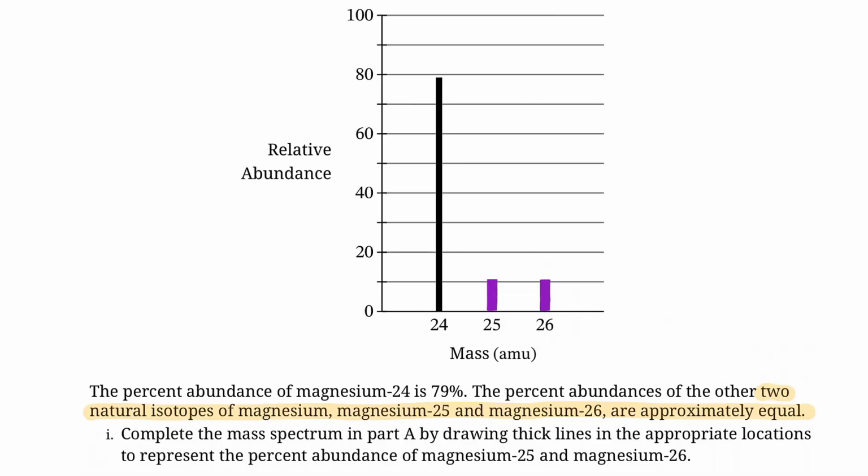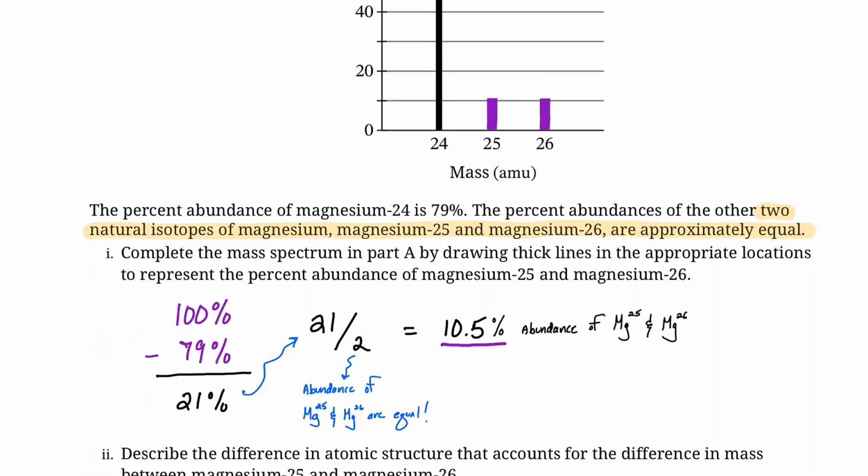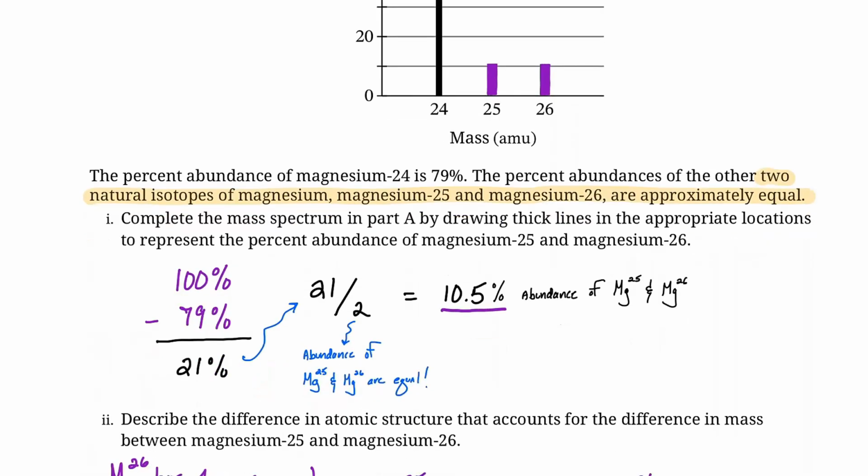So if we know it's 79% magnesium-24, we can simply subtract from 100 and get 21%. Then I divide it by 2 because they are approximately equal in terms of their percentages in nature. Therefore each of magnesium-25 and 26 should be 10.5%.